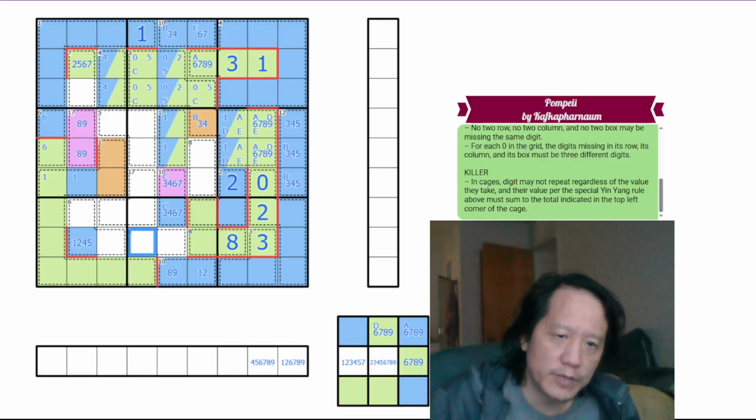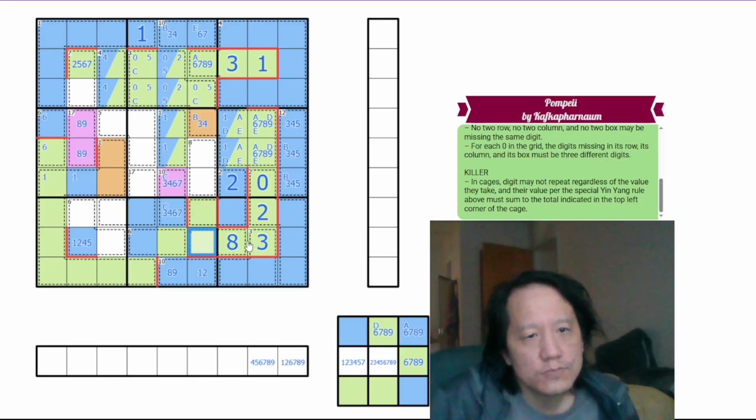Right, so maybe we try to have blue here and green here. If that's the case, then this forces this to be blue. That seems okay.